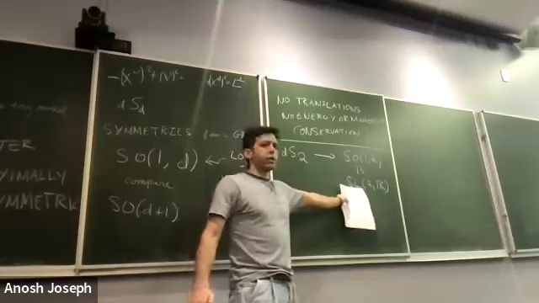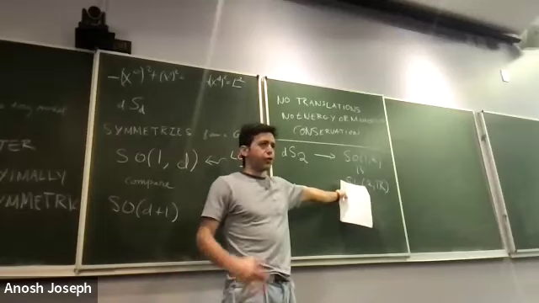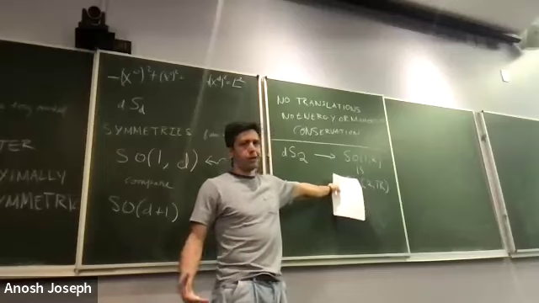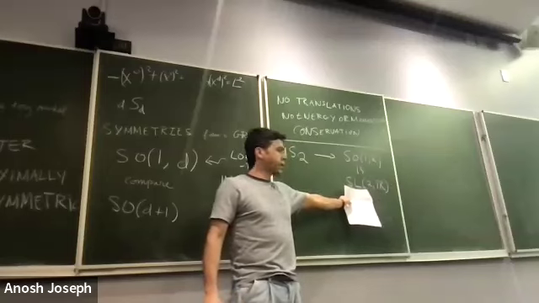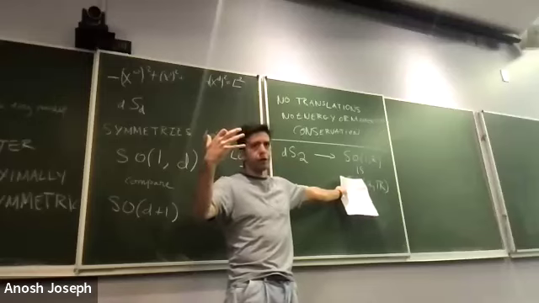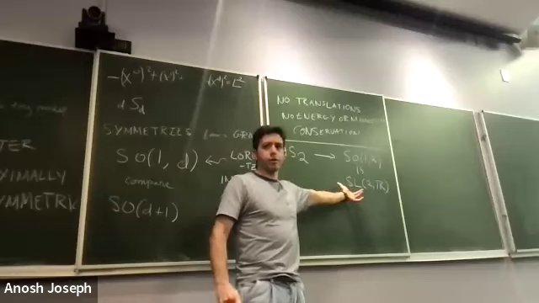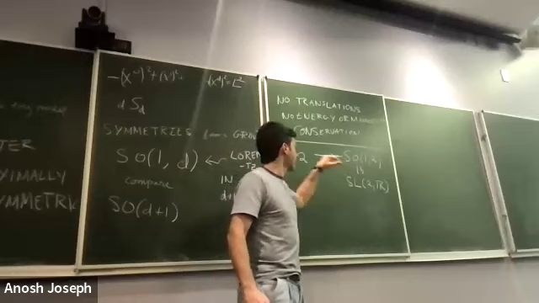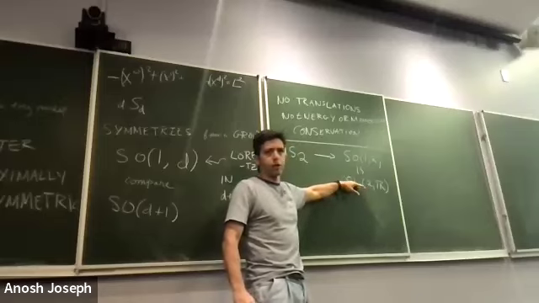Have you seen this group before, SL(2,R)? It's also known as the conformal group of 1 dimension. So if you have an SL(2,R) invariant theory, then you know that it is also a conformally invariant theory. At least conformally invariant quantum mechanics will have this symmetry. So de Sitter in 2 dimensions has the same symmetries as a conformally invariant quantum mechanics.